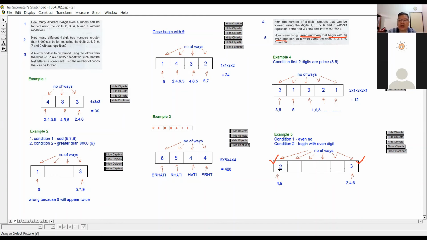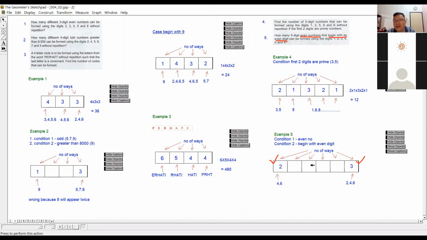So 2 ways. What I've written here is just an example. If you fill up 2 here, then the others will be 4 and 6. If you fill up 4, then 2 and 6. Anyway, the number of ways of filling the first box is 2.